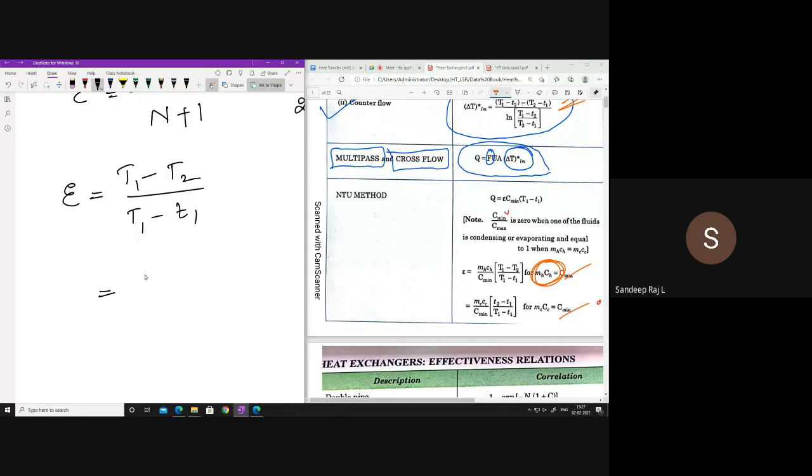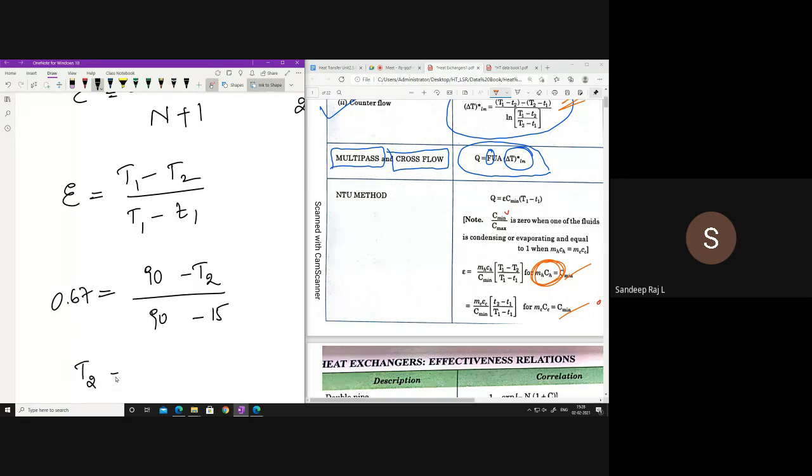T1 చెప్పండి ఎంత క్వశ్చన్? 90 కదా. This T2 is unknown. Small t1 చెప్పండి. క్వశ్చన్ లో 15. ఎఫెక్టివ్నెస్ ఏమో మీకు తెలుసు 0.67.